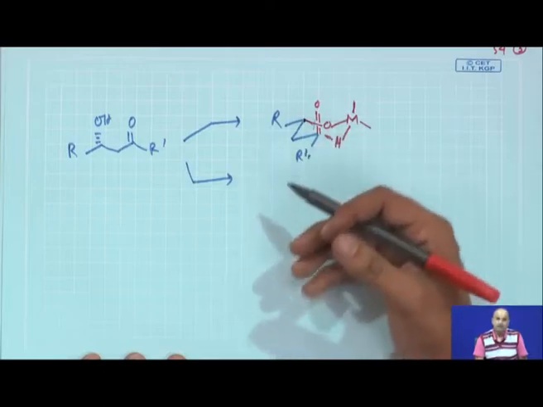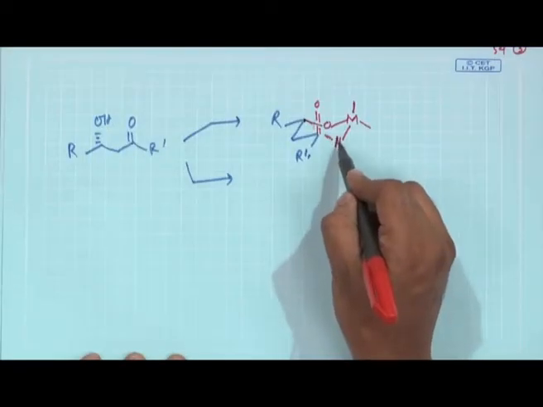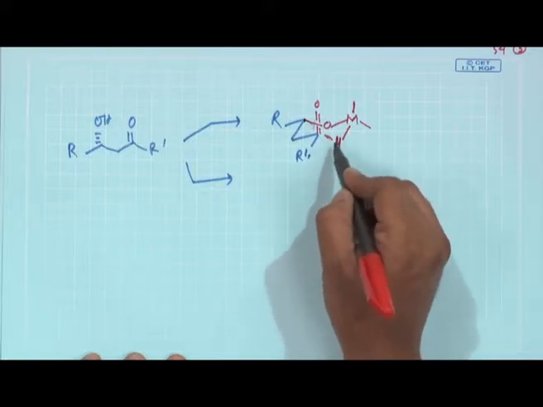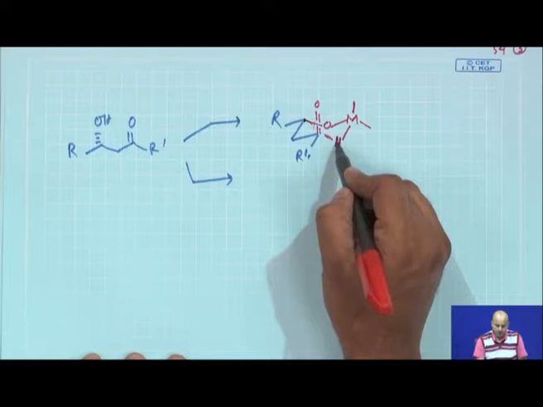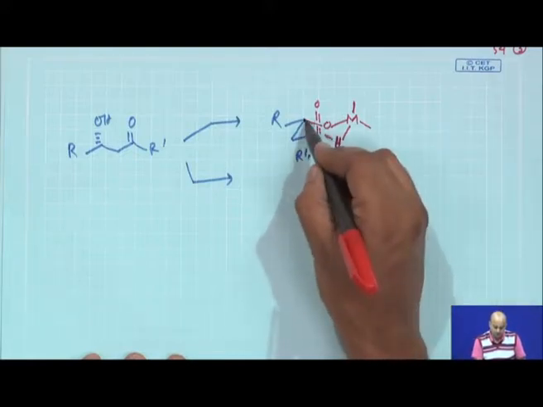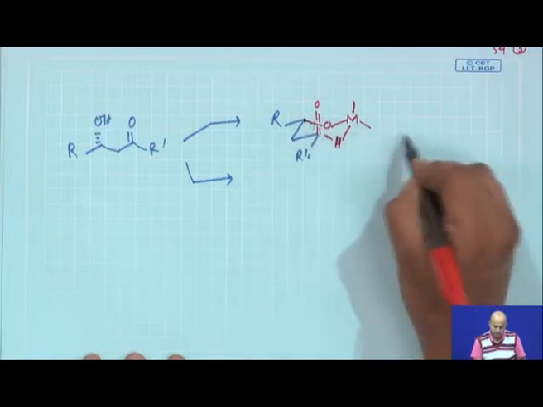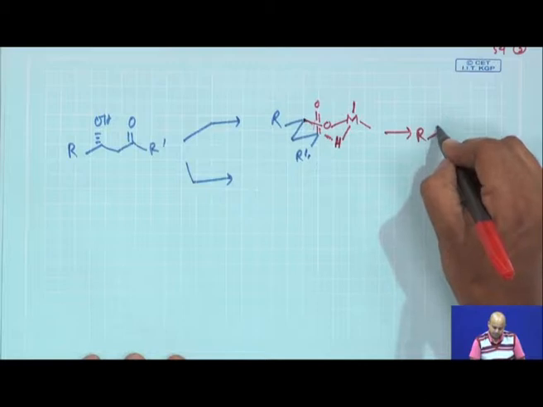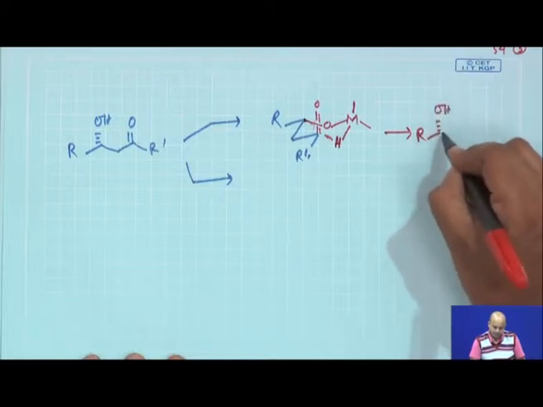If you have a metal containing reducing agent which can give an internal hydride source, this hydride can only attack from this side, and then the relative OH is, this is below, this is above. So, basically we will get the anti alcohol.